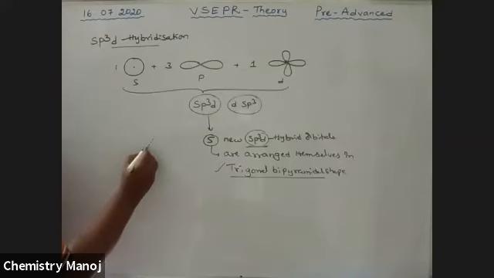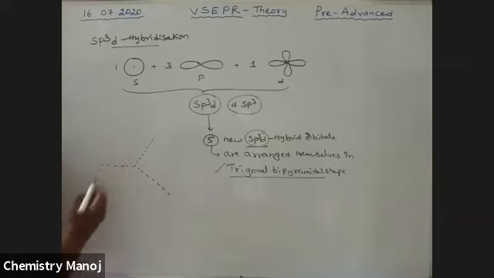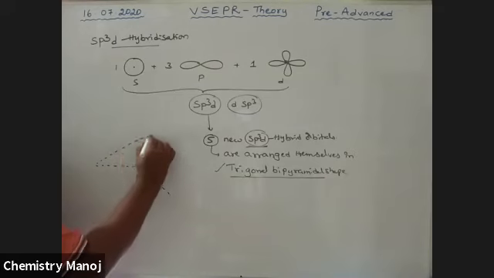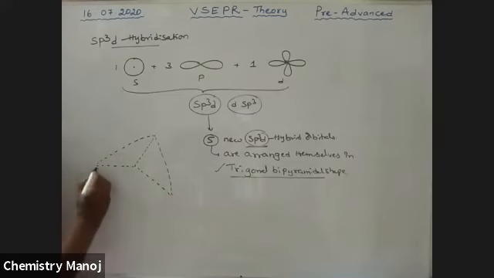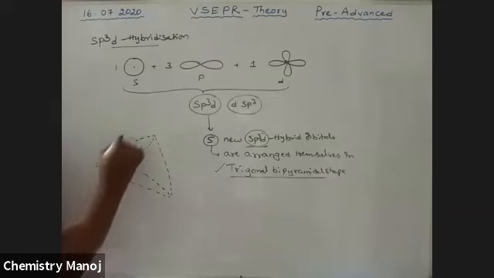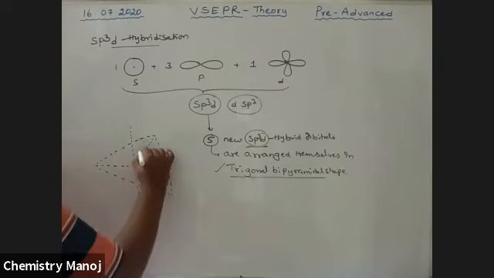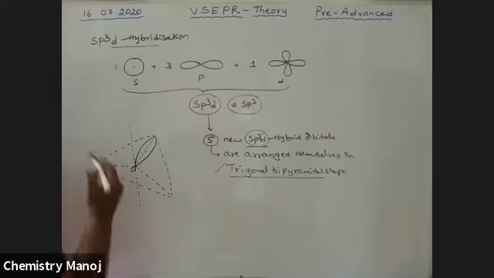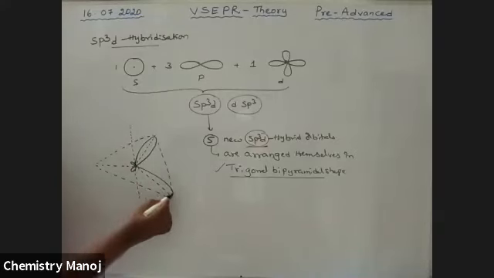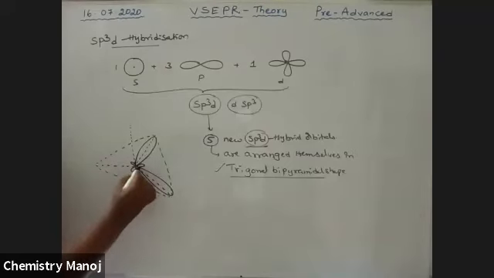I am drawing it here, see. These are the 3 orbitals within the plane.